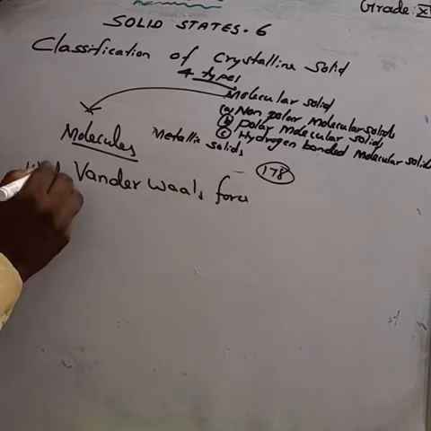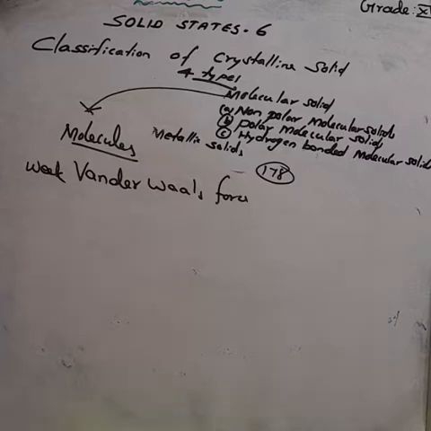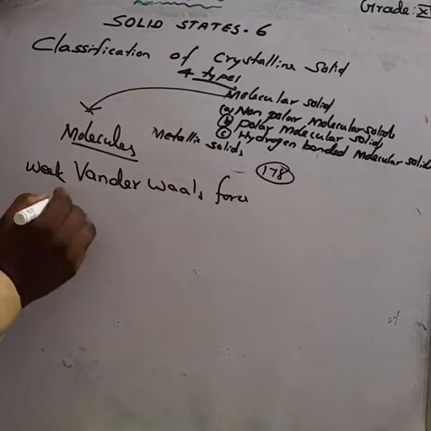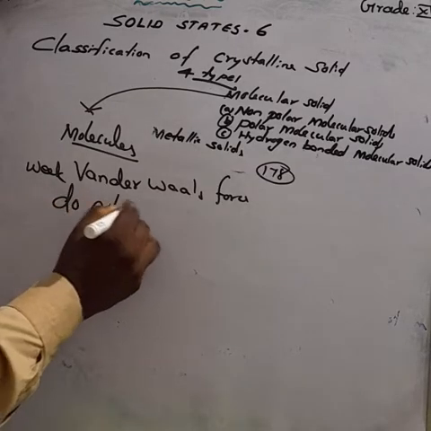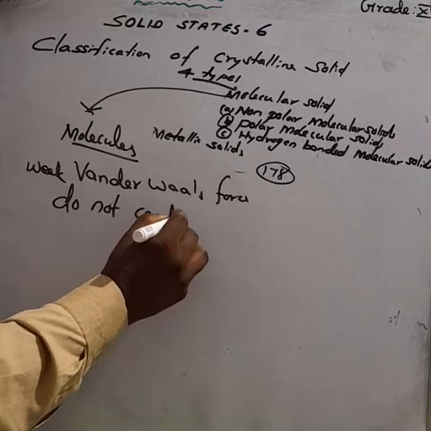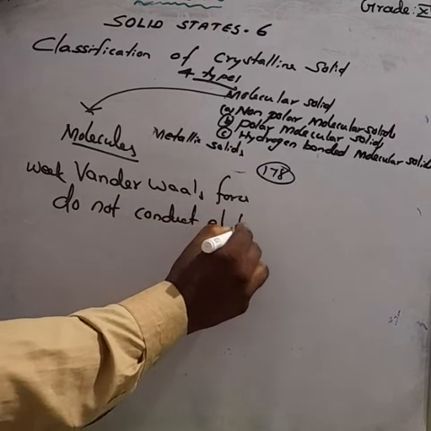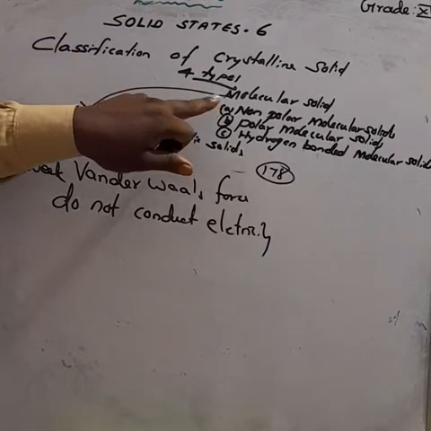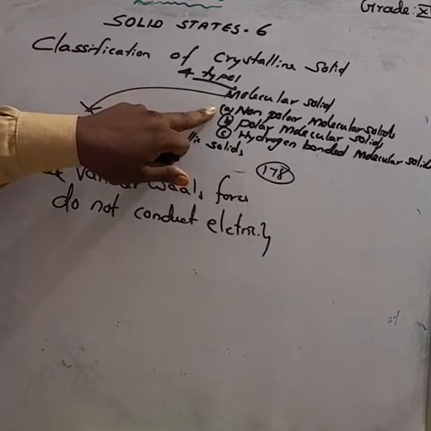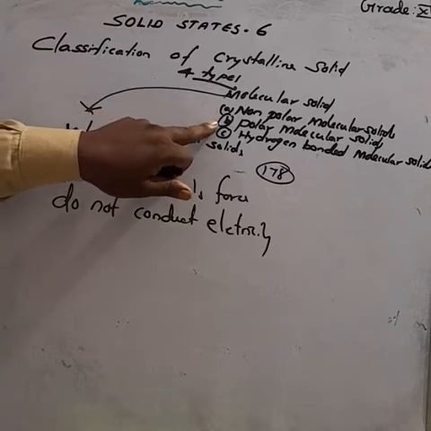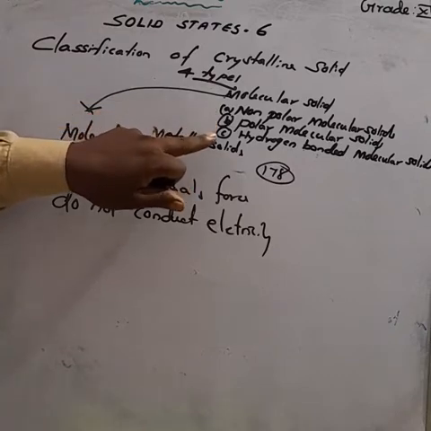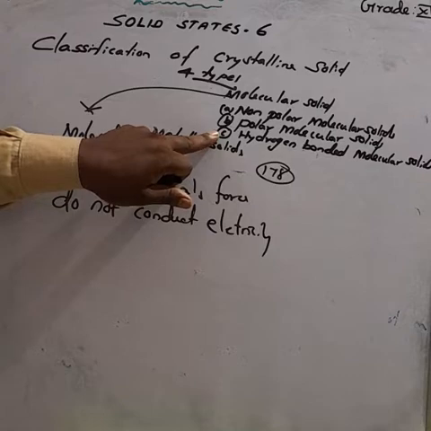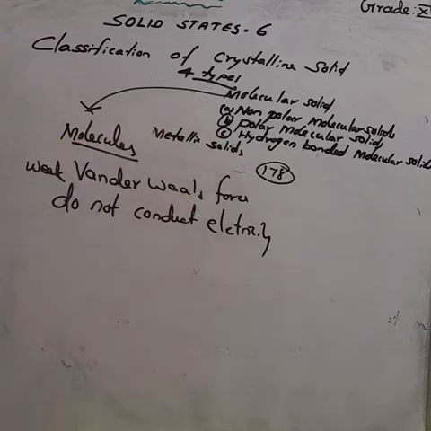The molecular solids are soft and they do not conduct electricity. They are classified into 3 types: non-polar molecular solid, polar molecular solid, and hydrogen bonded molecular solid.